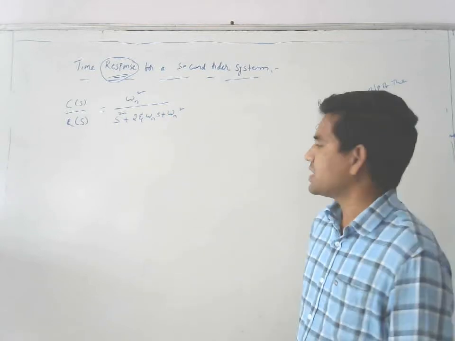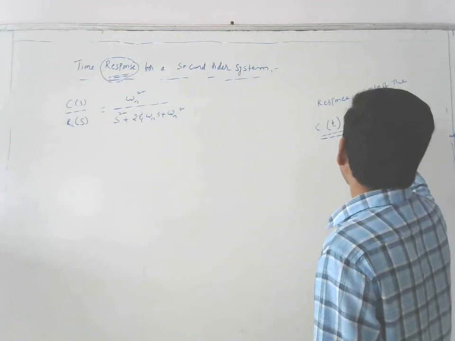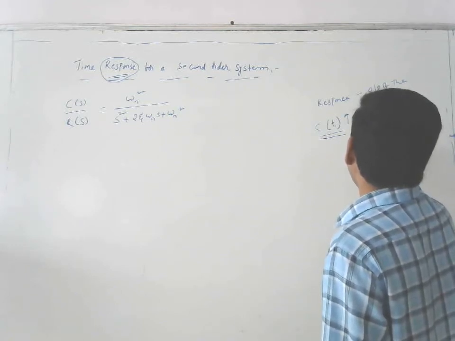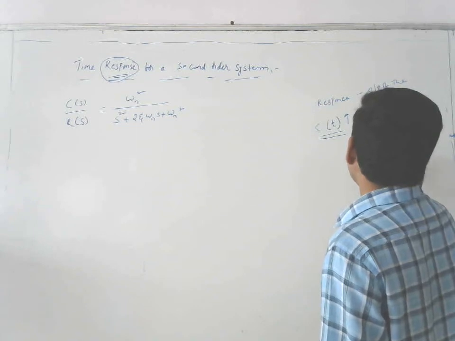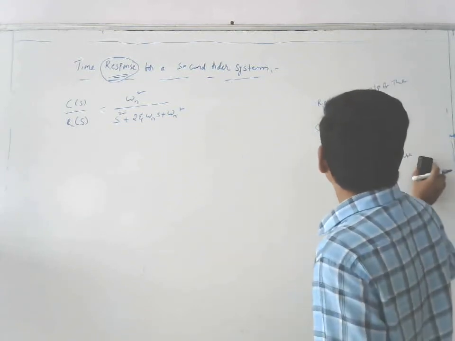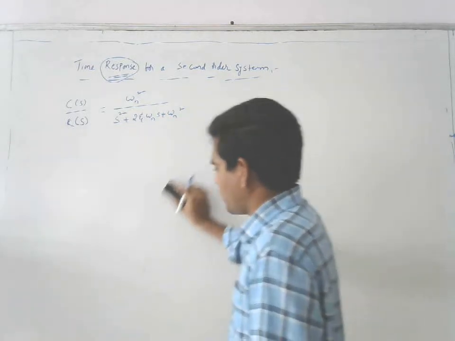For the first order system, we gave the ramp signal, parabolic signal, step signal, and impulse signal. We are going to discuss these in the same way.